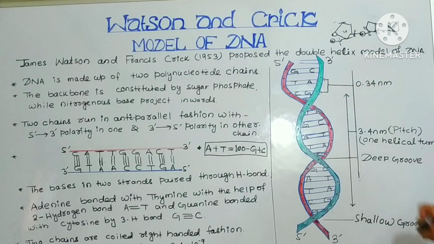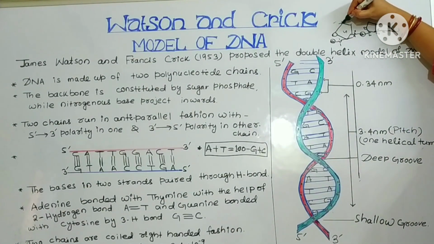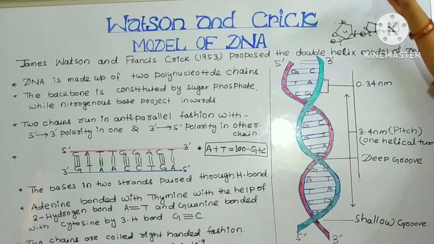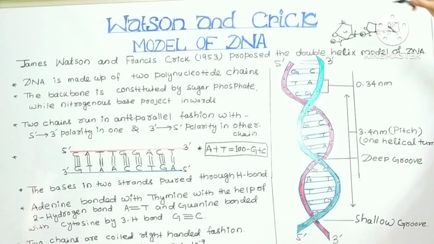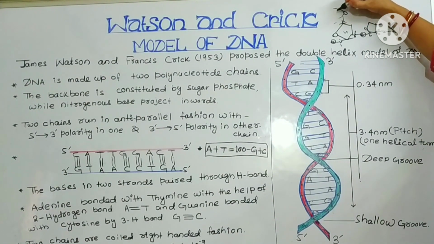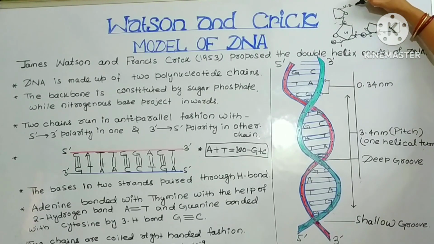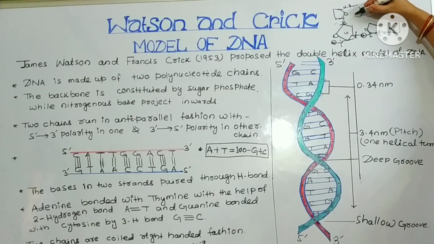The nitrogen bases are added to the first carbon atom of the sugar. Suppose thymine is added to this sugar. Here also a phosphate is added, and again like this.